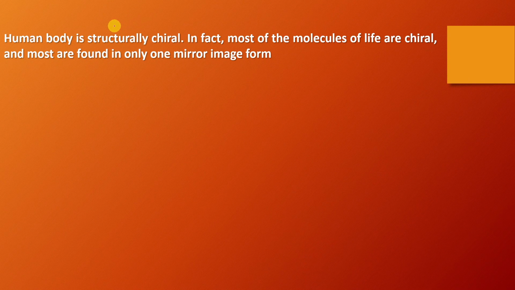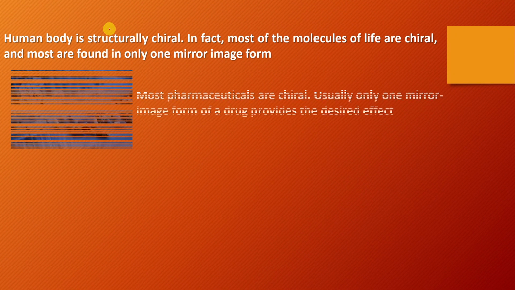These organic molecules have a structure, and only one mirror image form is available in our body, while the other mirror image is missing. So whatever organic molecules are present in our body are of one type of mirror image, and the other type is missing. That's why our body is called structurally chiral.